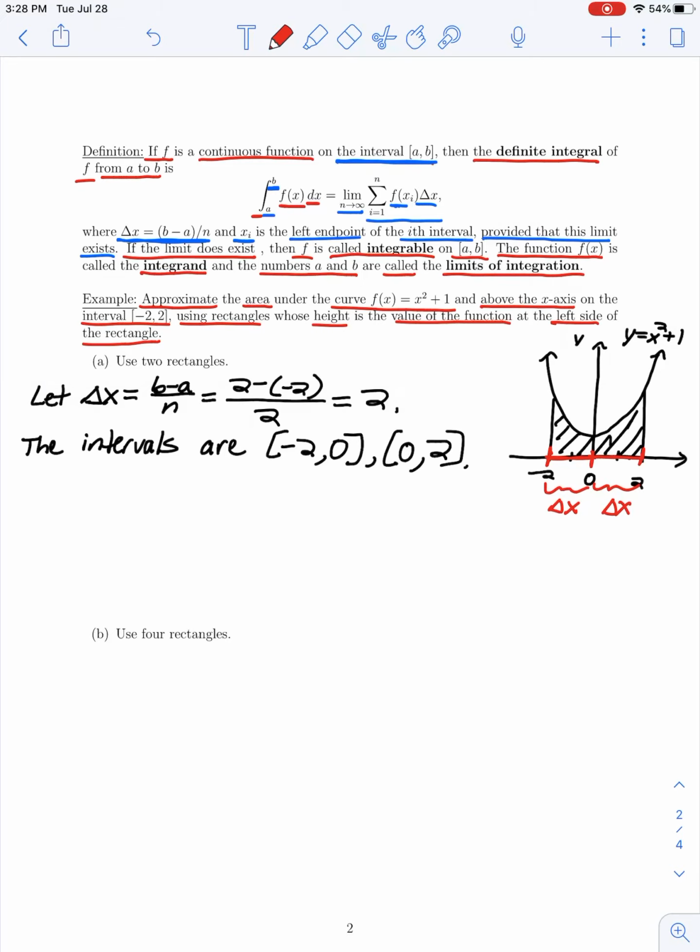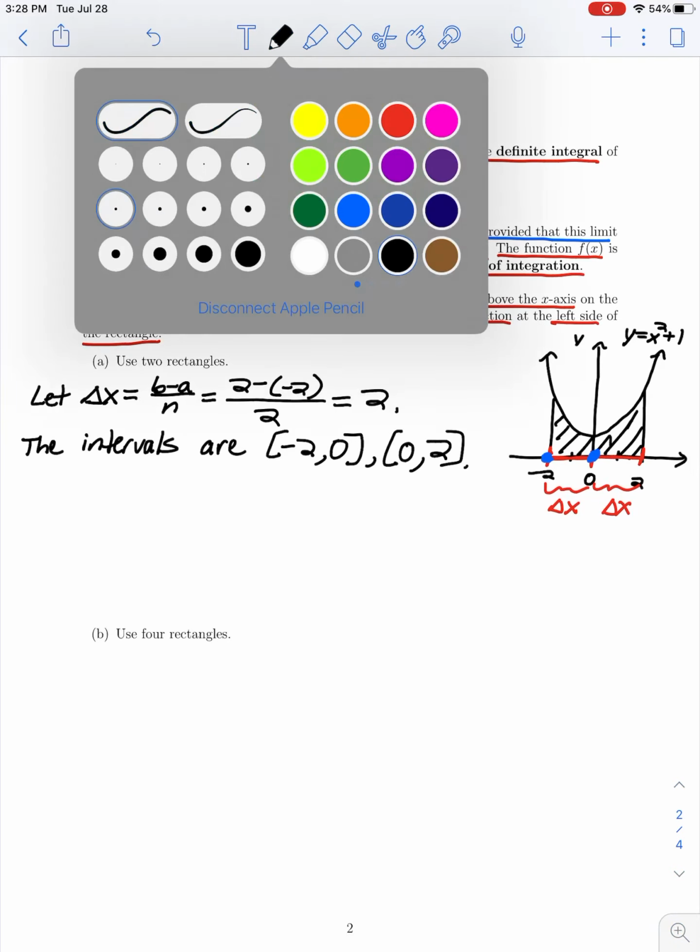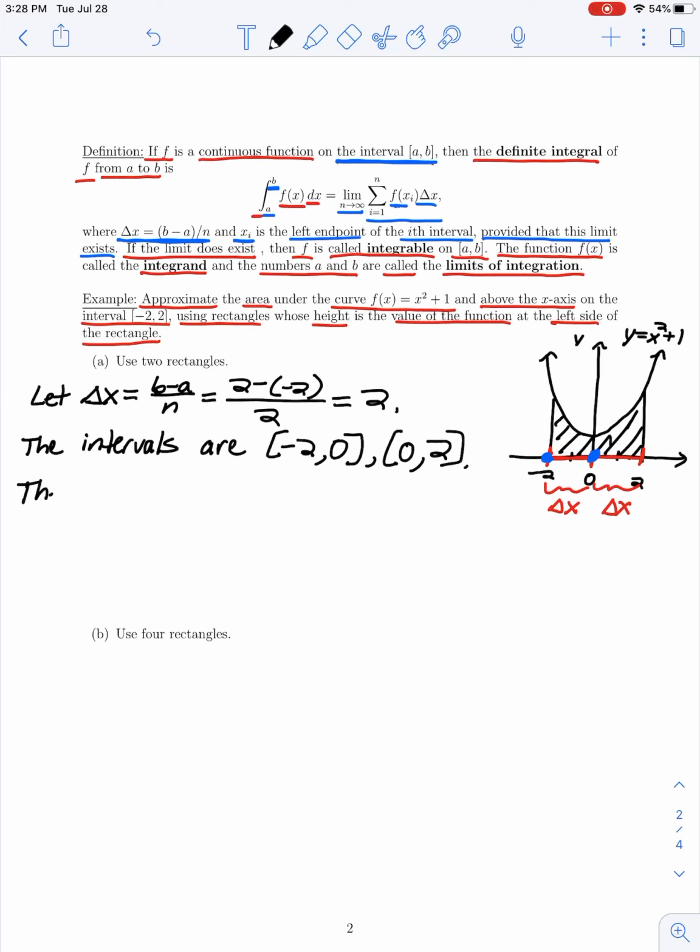So here the left endpoints of these intervals are our points of interest. So here let's say the left endpoints are x1, the first one is -2, and x2 would be 0.